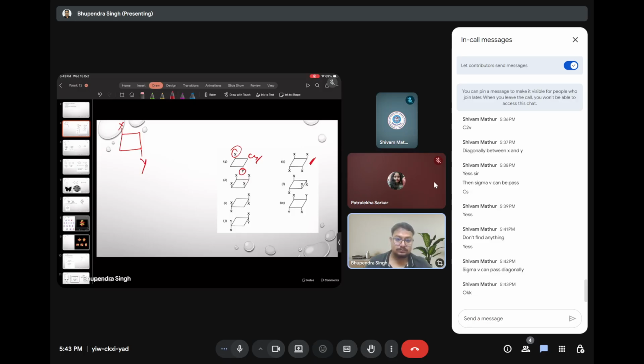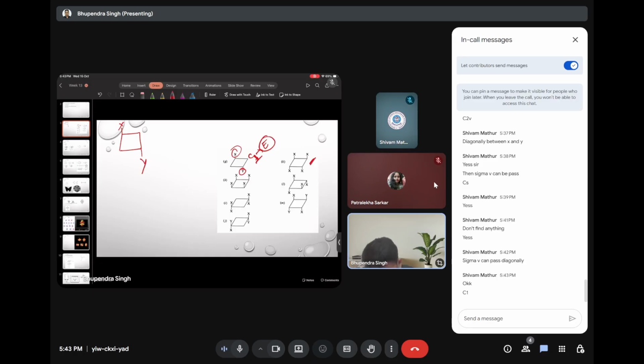So sigma h is not an operation that leaves your molecule in the same orientation. What will be the point group? So the point group should be C1. Only E is present here.